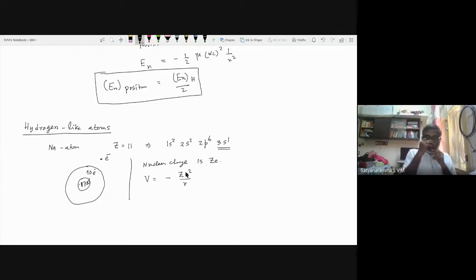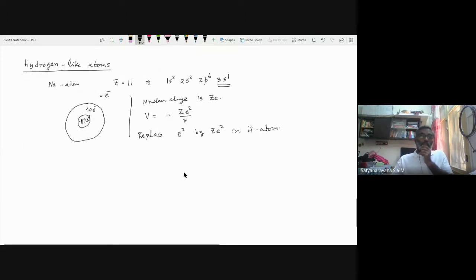So you can see that wherever e² is there, you replace e² by Ze² in the hydrogen atom.